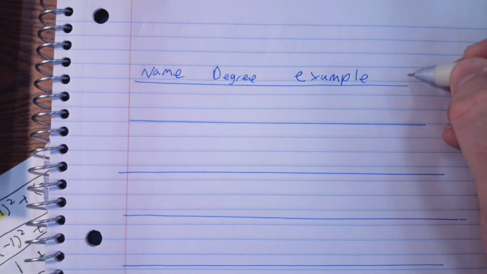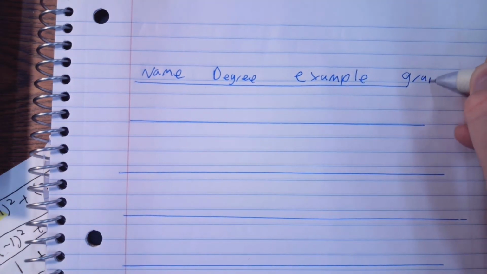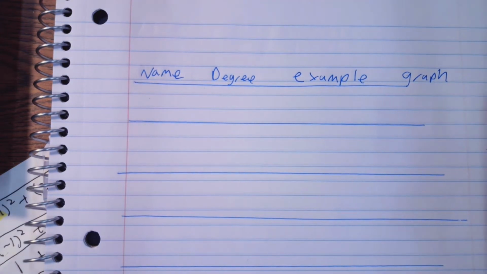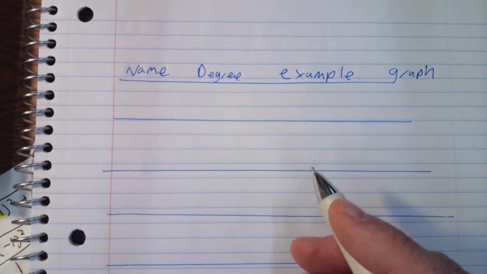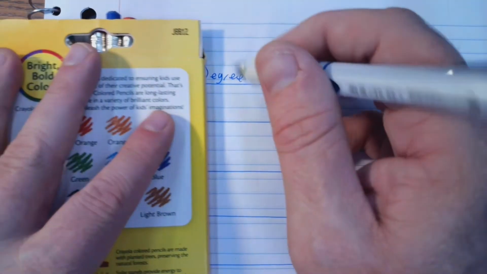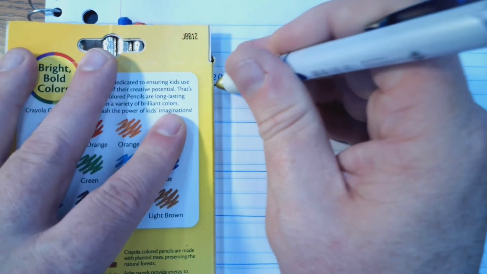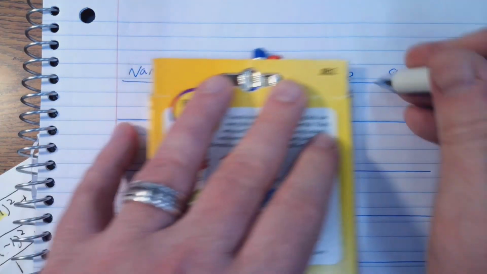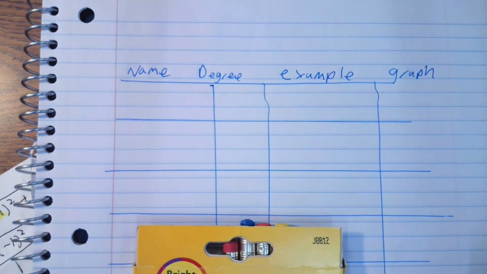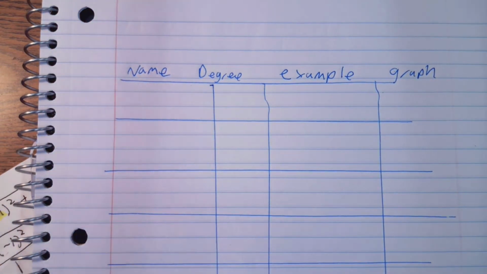And the last thing we're going to need is graph. We are not going to do a lot with graphing, but we are going to know basically where we're going with this. This is a subject that we don't do all of. We just do the Algebra 1 part of it. And hopefully I'll have room to do a little version of the graph.